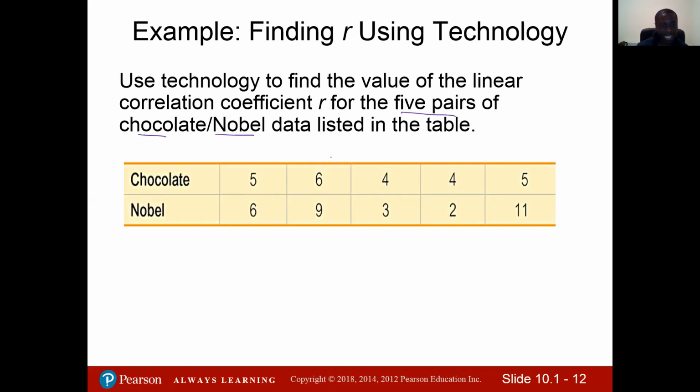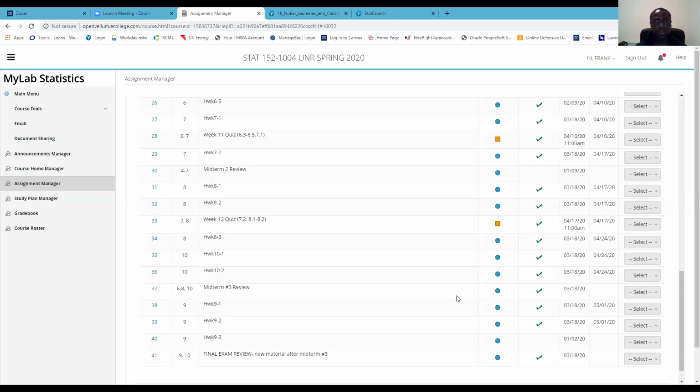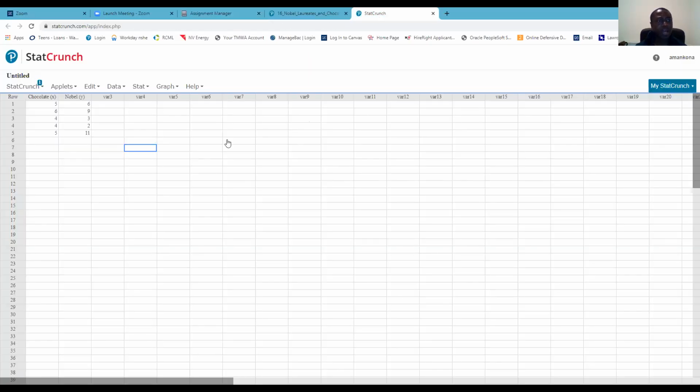So let us go to StatCrunch and compute the correlation coefficient. I'm going to open the app. I have entered the data already here, and I'm sharing that with you.